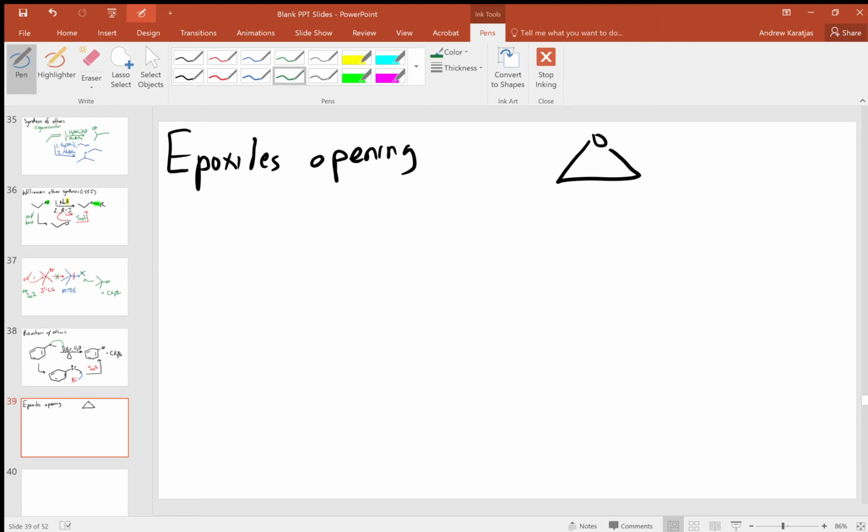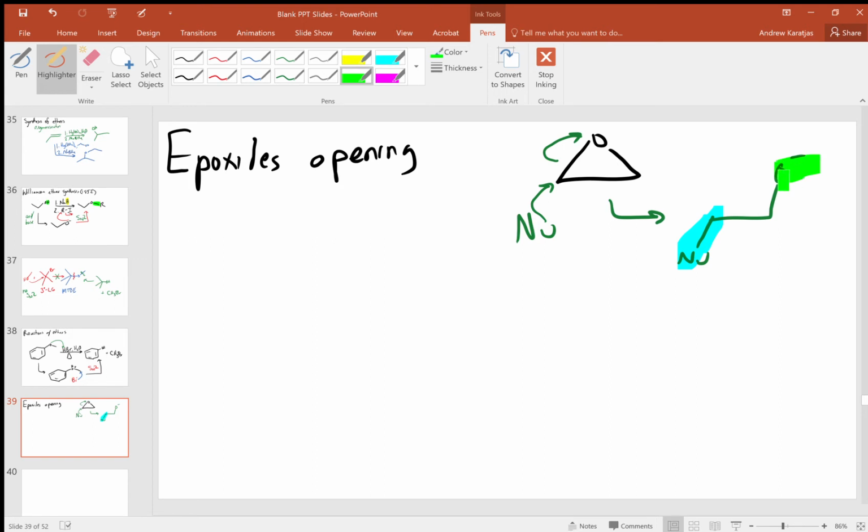Now, it turns out when you add a nucleophile to an epoxide, that nucleophile can force the epoxide to open, which forms this new carbon nucleophile bond, and then after protonation gives you an alcohol.